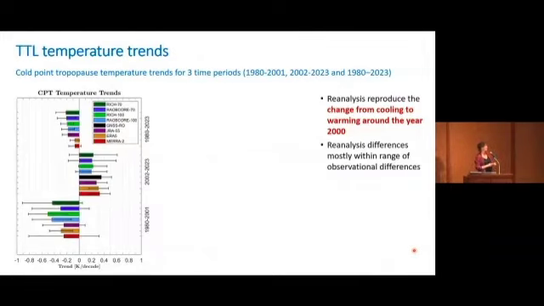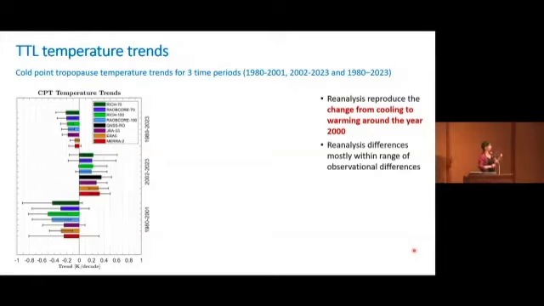GPS is black, and then you have your reanalyses in red, yellow, and purple. And that's a very nice figure that shows you very clearly how there was a shift in the temperature trend from cooling before 2000 to warming after 2000. And we see that all the reanalyses really are able to capture that shift in the temperature trend quite well.